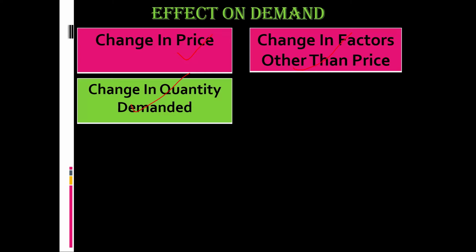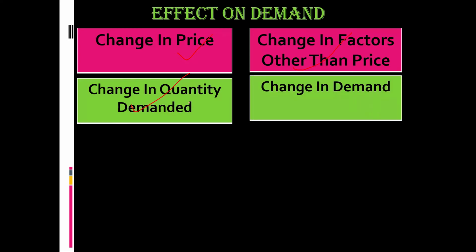But when it is because of factors other than price, it will be named as change in demand. Once again, if it is the change because of price, it will be known as change in quantity demanded. If it is change because of other than price, it will be named as change in demand.